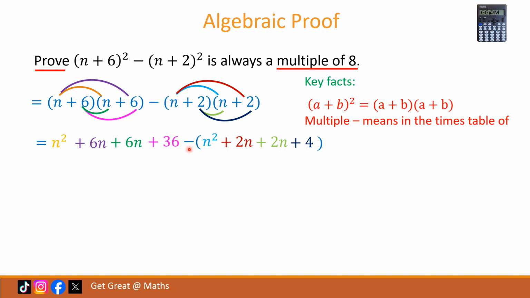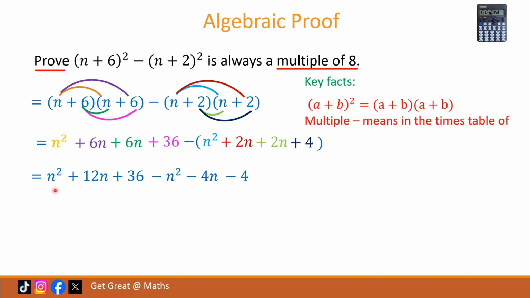So I'm going to have a -1 times n squared, which will give me minus n squared. I'm going to have a -1 times the 2n plus the 2n. Now the two n's together combine to give me 4n, so -1 times 4n is -4n. And the -1 times the 4 gives me a -4, which gives me this expression here.